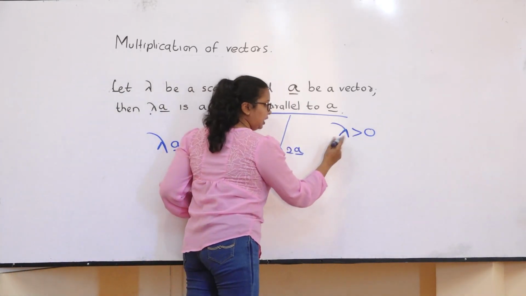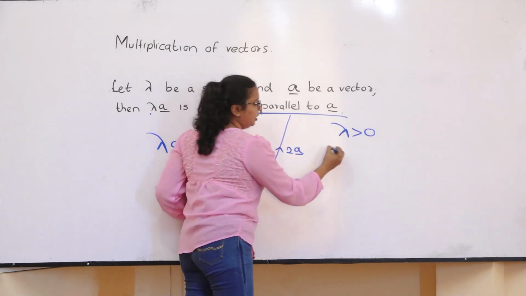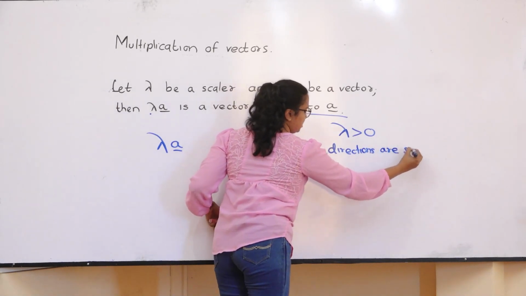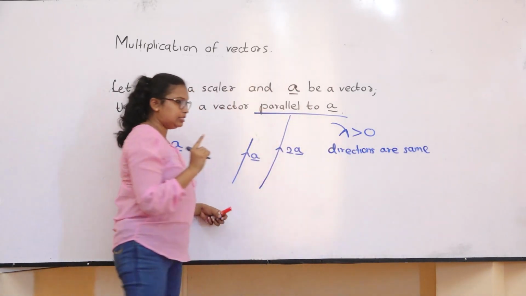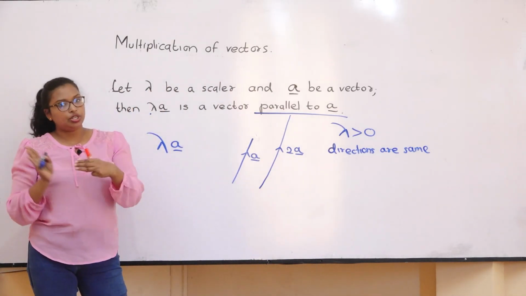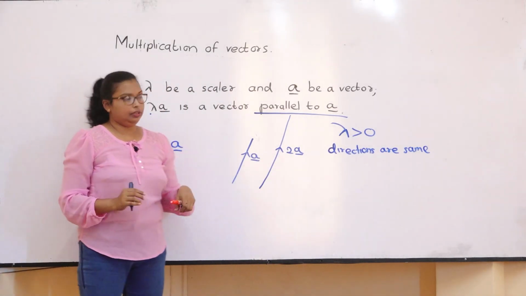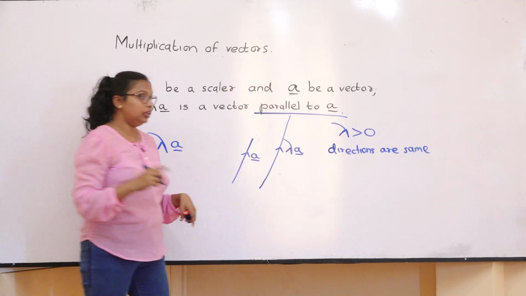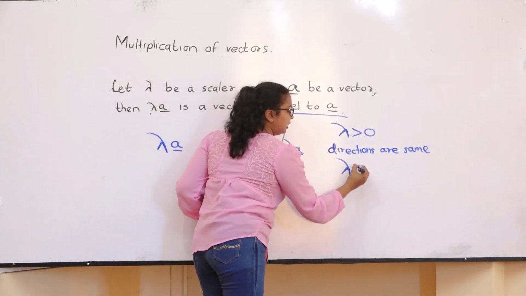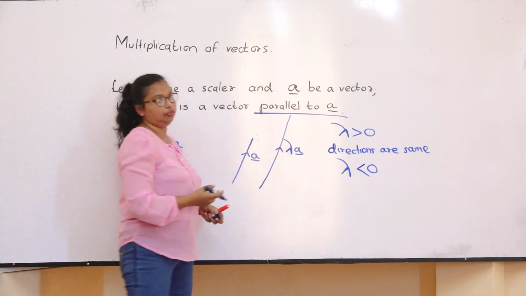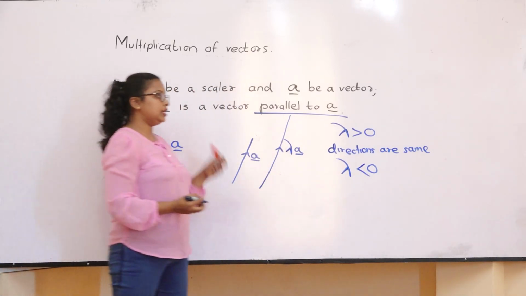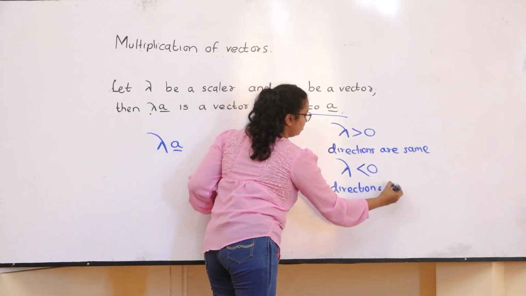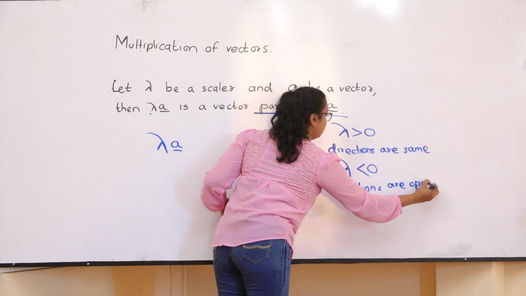So, the directions of the vectors are the same, that means the direction of vector A is equal to the direction of vector lambda A. But if this lambda is less than 0, that means if lambda is negative, then the directions are opposite, right?